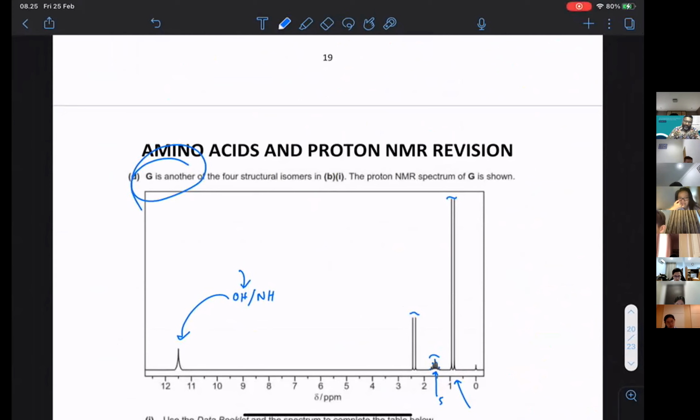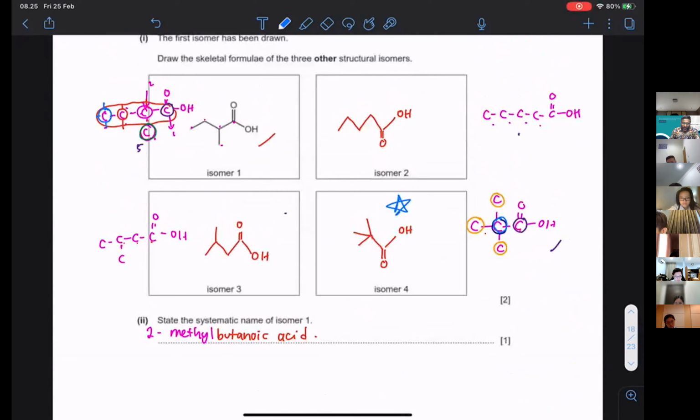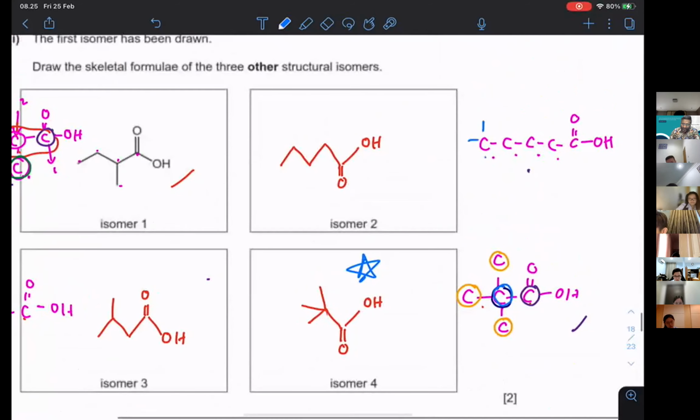So now, rather than looking at them one by one, you can just look at, they have 1, 2, 3, 4 environments for the hydrogen. So let's look at the hydrogen that has 4 environments. 1 environment. This is going to be another environment.